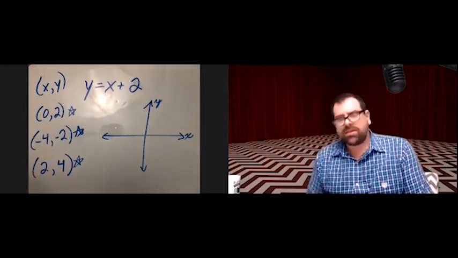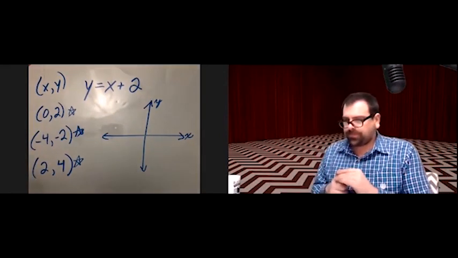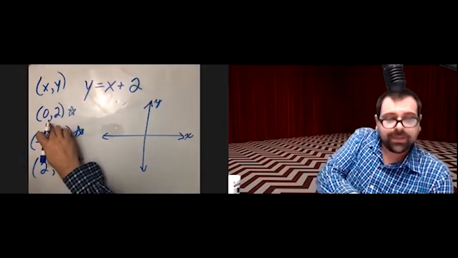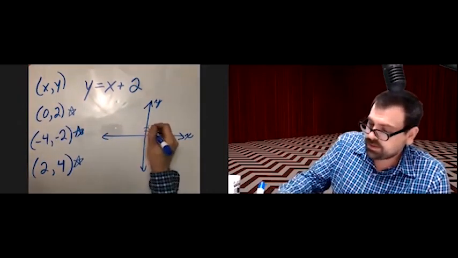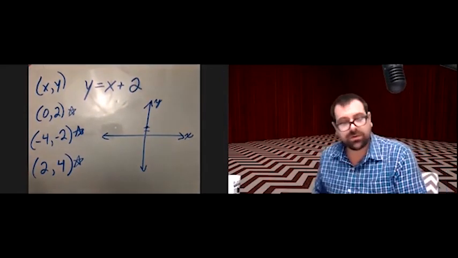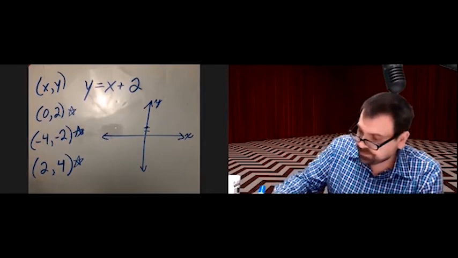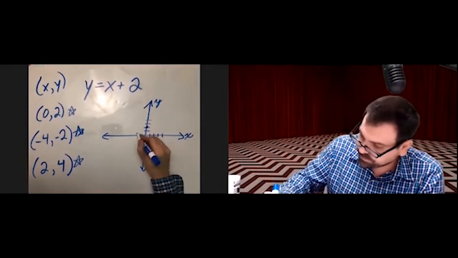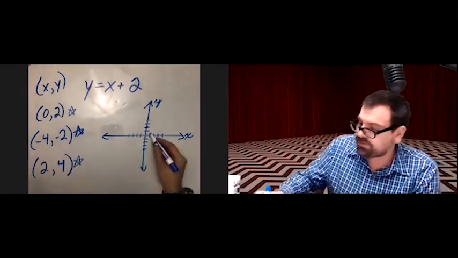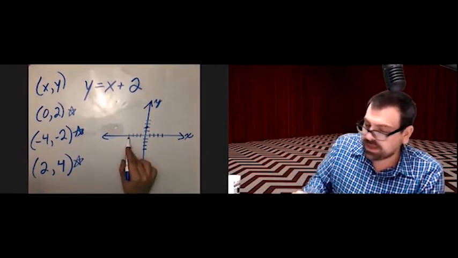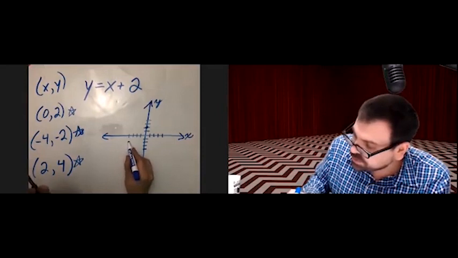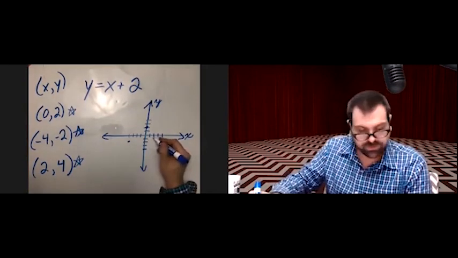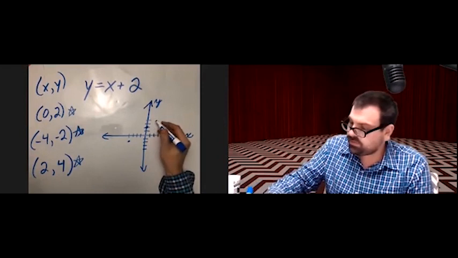These ones that were solutions, let me go ahead and plot these points. 0, 2 would be an x of 0 and a y of 2. -4, -2 would be an x of -4, so left 4, down 2. 2, 4, it's an x of 2, 2 to the right, a y of 4, 4 up.